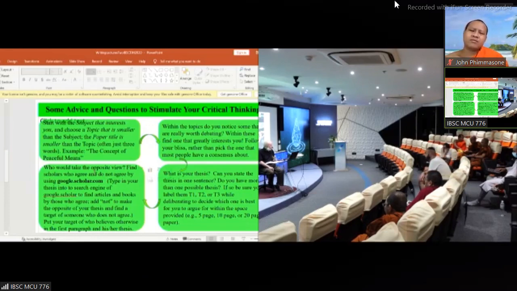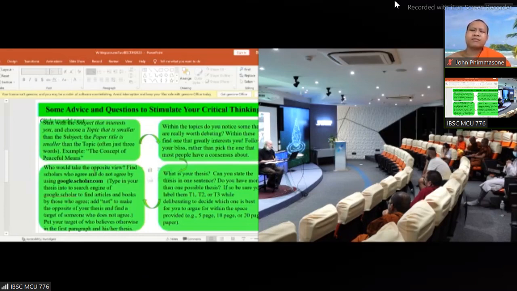I typically use it myself when I'm building a paper. When I have a thesis that I think is pretty good, I copy and paste it into Google Scholar and find out who agrees with that. And if there are a bunch of people who agree with that, I make a place called Data Junkyard at the bottom of my draft, and I copy the URLs from all these people.